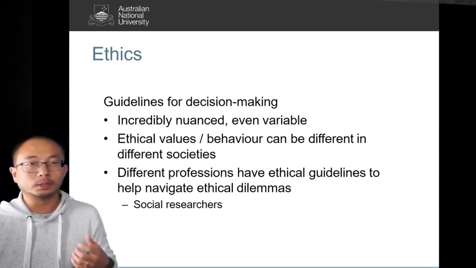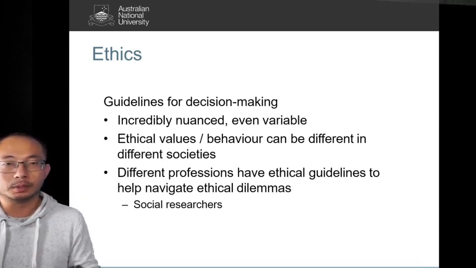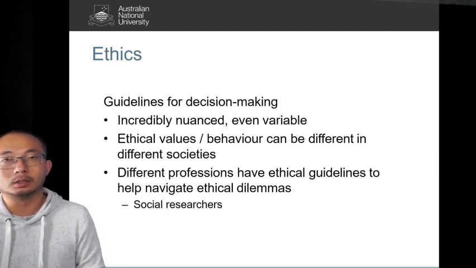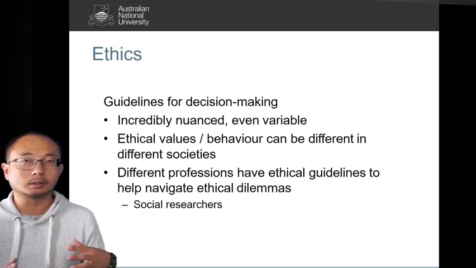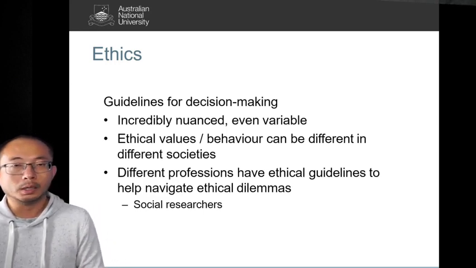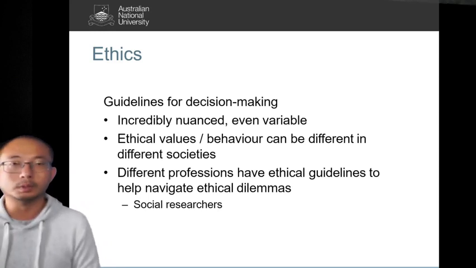So we start with describing ethics, or trying to understand a little bit about what ethics are. Ethics basically are guidelines for decision making, and these guidelines are formed by social norms, so they can be very nuanced. They are extremely variable around the world.